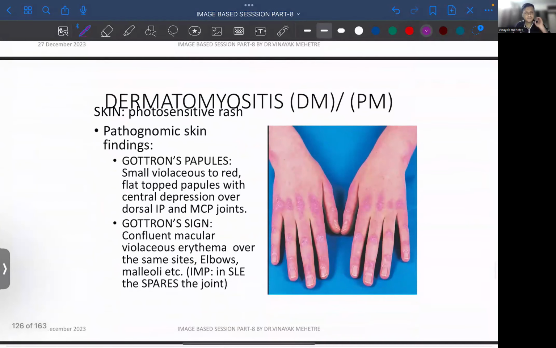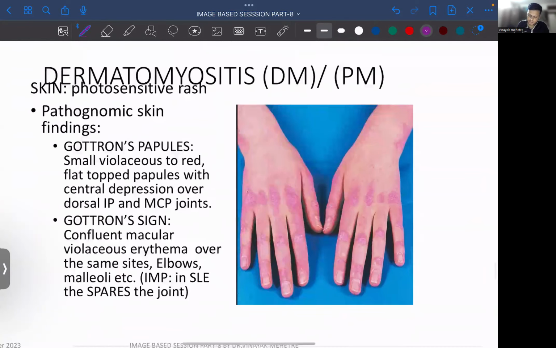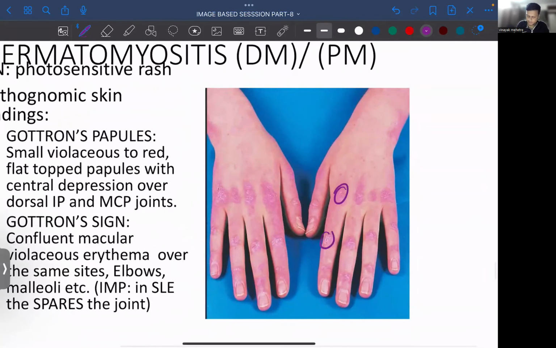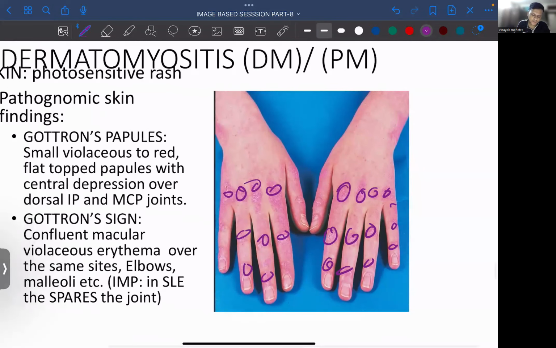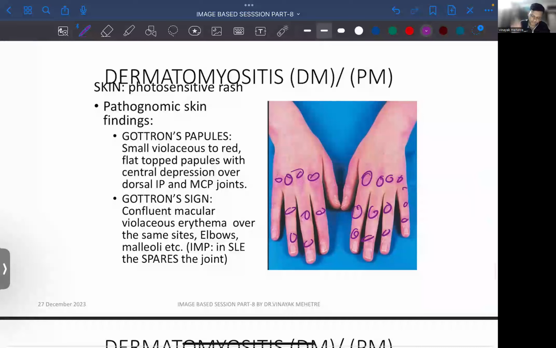Okay. A mechanic working in his store now presented with lesions on the joints area of hand. What I am saying, lesions on the joints area of hand is called as what?